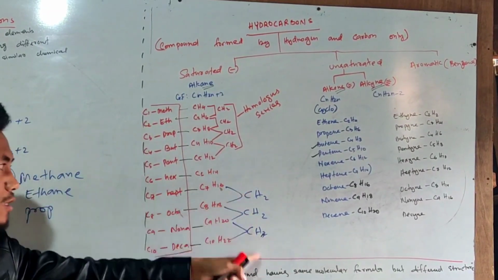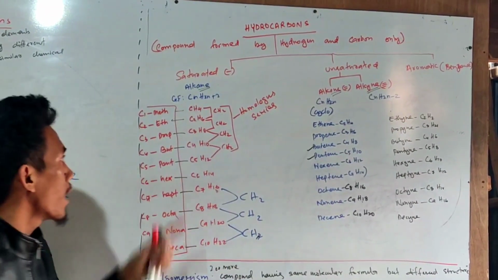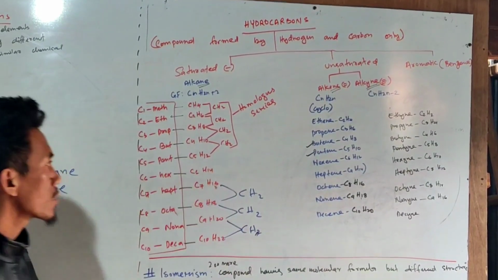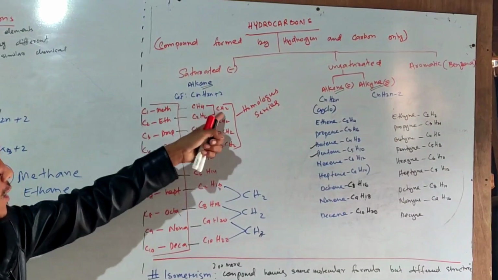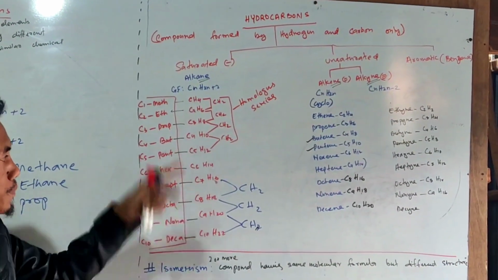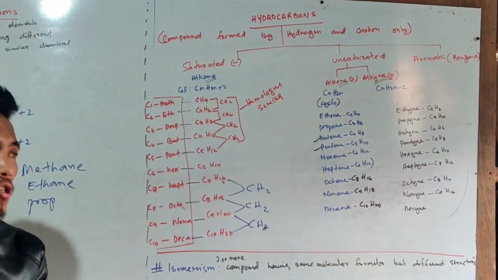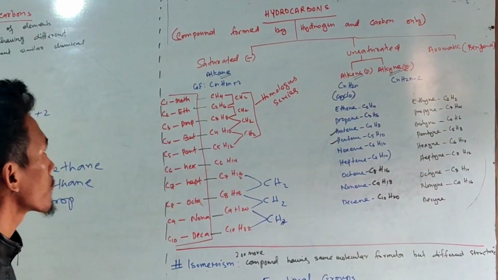This arrangement, where successive members differ by CH2, is known as a homologous series.